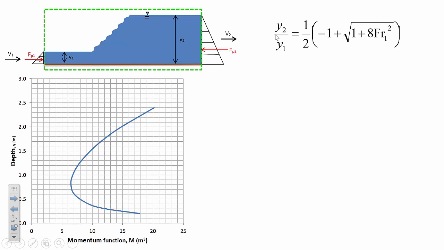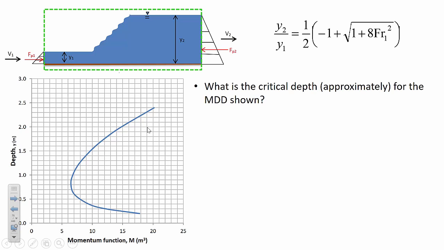All right, so on this momentum depth diagram that I put up on the screen, let's just assume that we have a certain flow condition that yields this momentum depth diagram. So with this figure, what is the critical depth approximately? Maybe this would be a good proxy for your quiz readiness. Would you be able to pick off the critical depth from this figure?